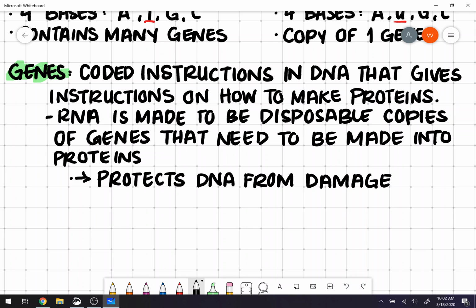So it's going to protect that DNA, which is extremely important for the cell. Secondly, this allows the cell to make many copies of that gene. So if, let's say, it needs 1,000 enzymes of a particular type, it can make 1,000 RNA copies, and those 1,000 proteins, those 1,000 enzymes can be all made at once, which makes everything go a lot faster.